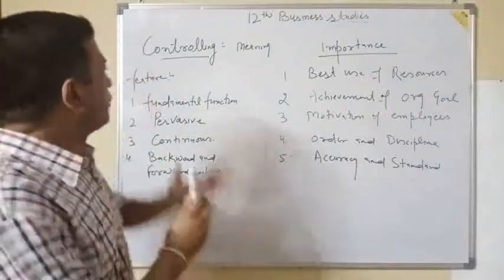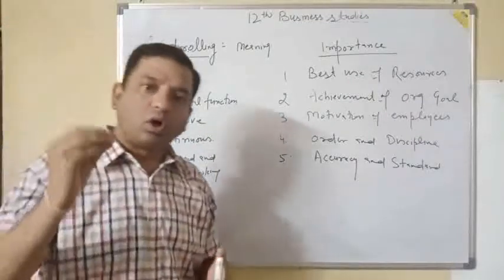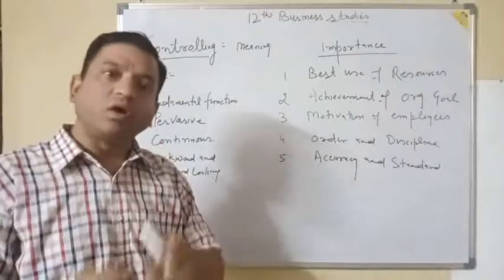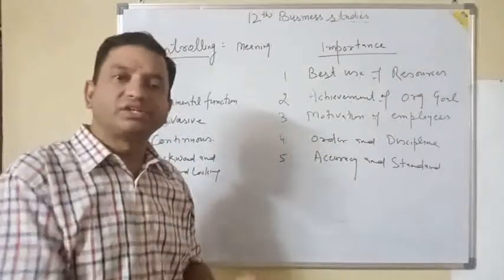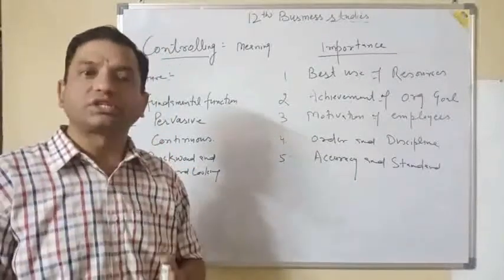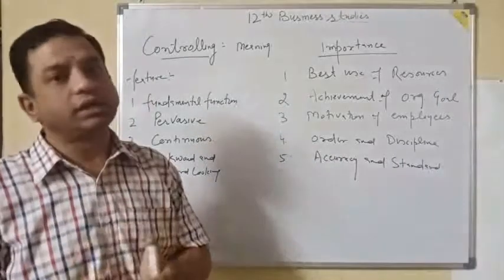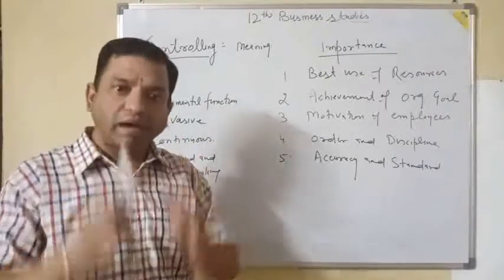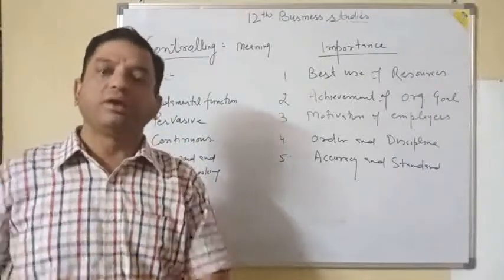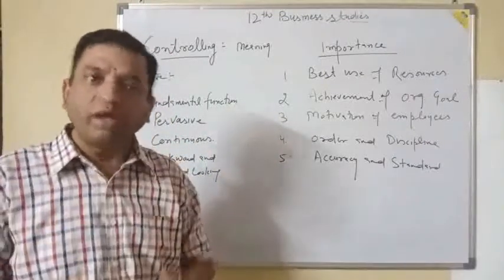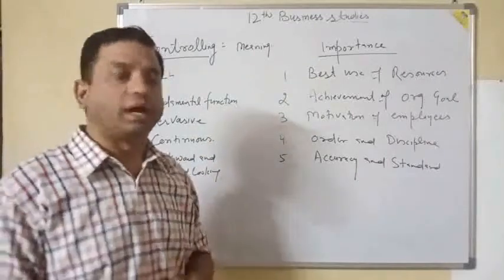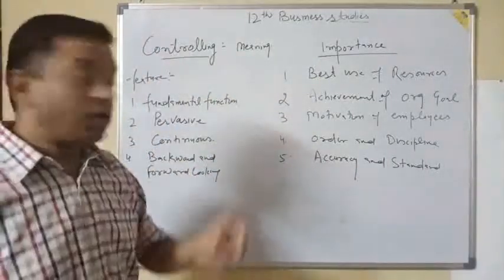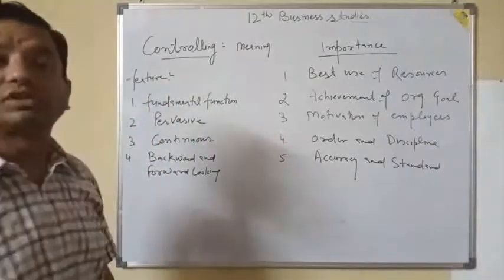The controller mainly focuses on removing all these negative deviations, and he focuses to carry on all the positive deviations. What we are doing well, we should keep on doing. What we are not doing well, we should try to improve. That is controlling.